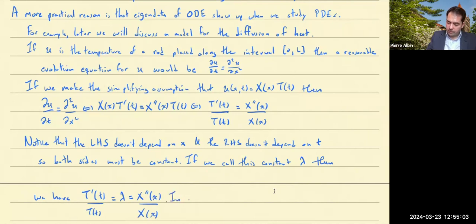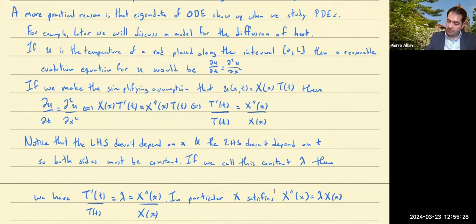So in particular, capital X satisfies that if you take two derivatives, you get lambda times the function you started with. Right? So there you go.